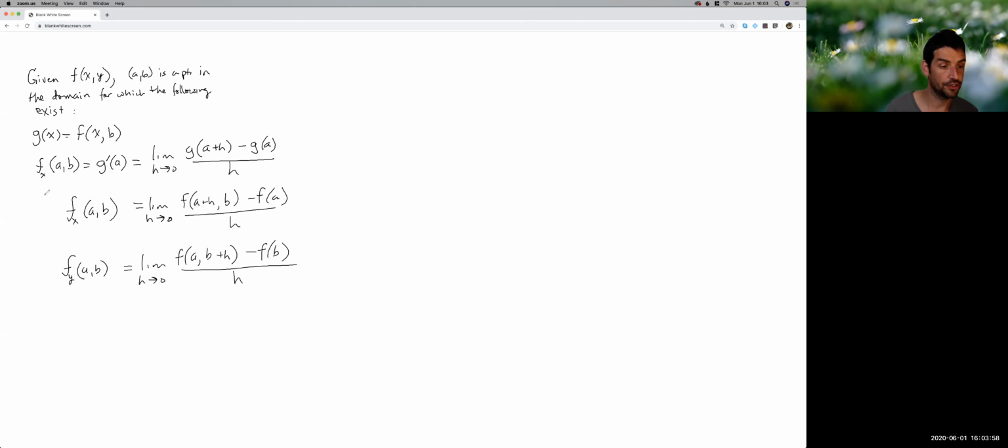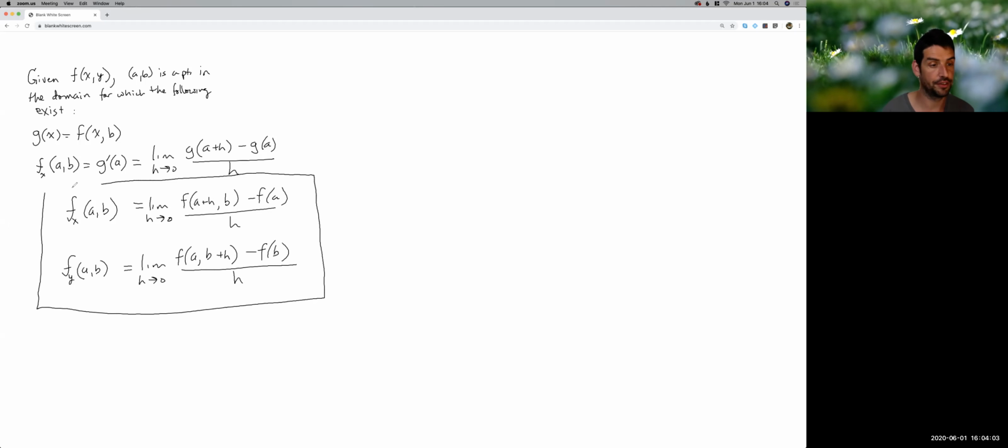So these are our two partial derivatives. This is the partial derivative of f with respect to x, the partial derivative of f with respect to y. Okay.